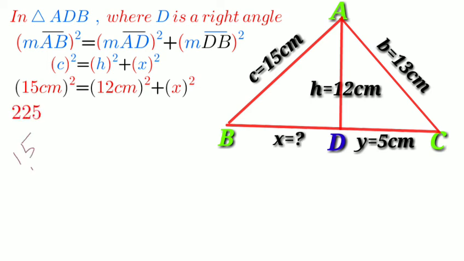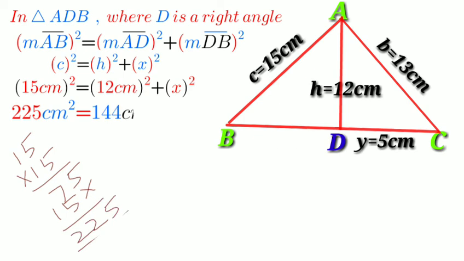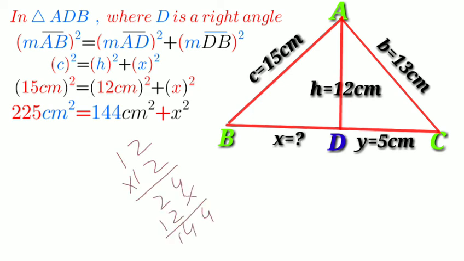The square of 15 centimeter is 225 square centimeter and square of 12 centimeter is 144 square centimeter. It can also be written as X square is equal to 225 square centimeter minus 144 square centimeter.